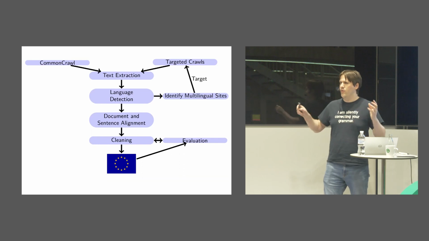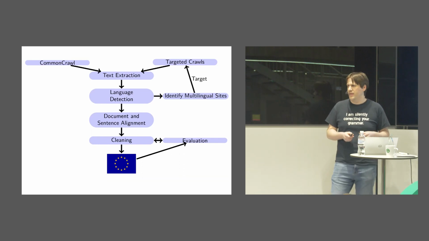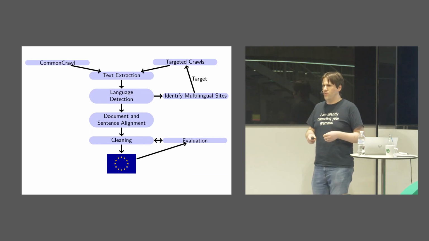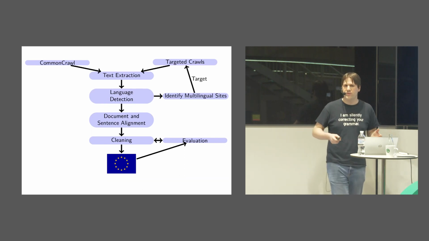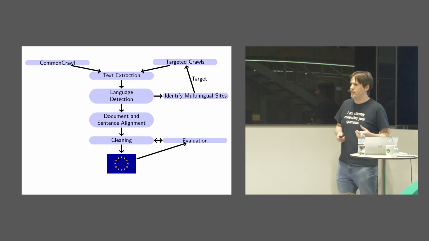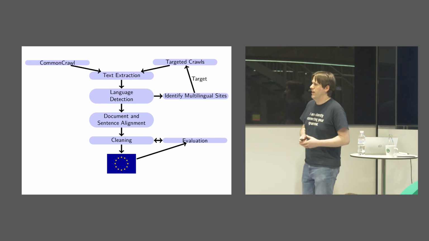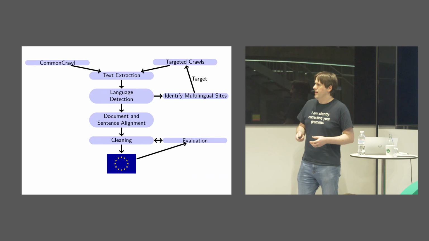Then somehow, once we've got all this text in various languages, we want to find what are the translations in this. And this is a huge information retrieval problem in a sense, but it's also a modeling problem that you have to think about how you're actually going to model that. And then it's really messy, and even after cleaning, it's still messy.